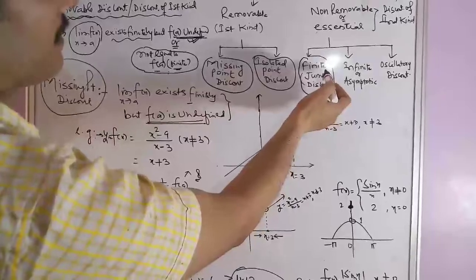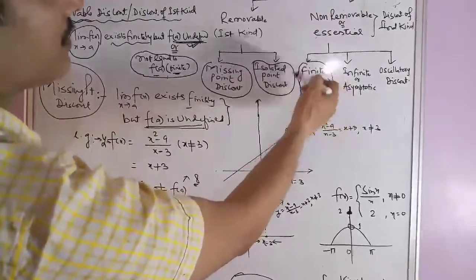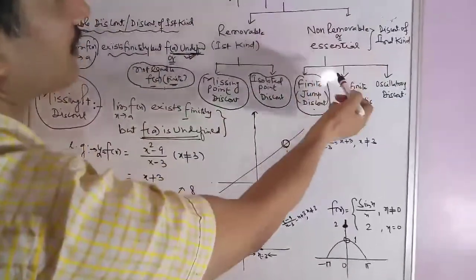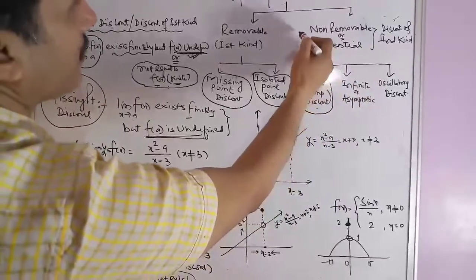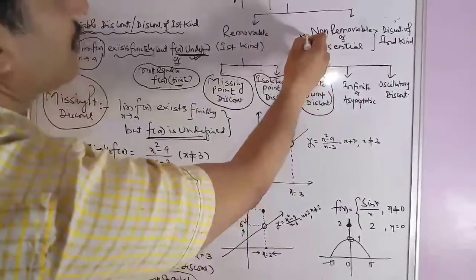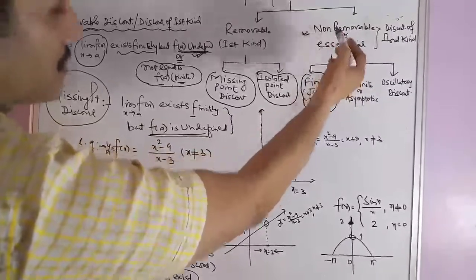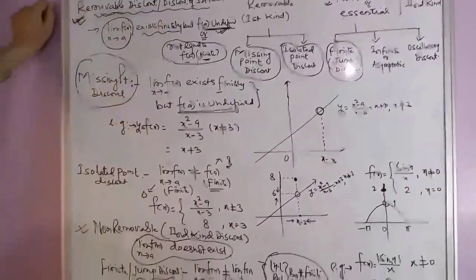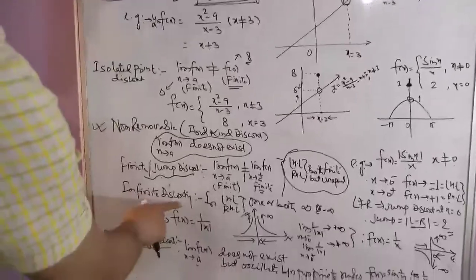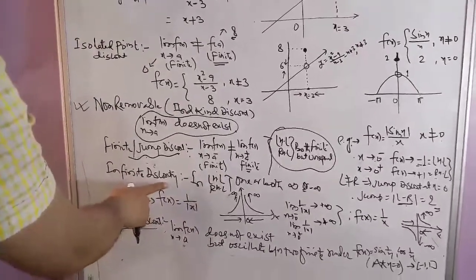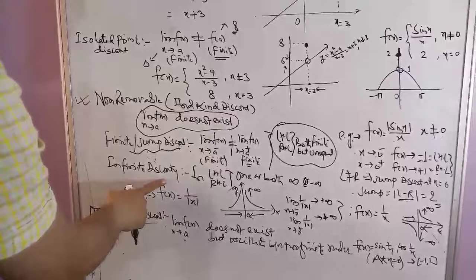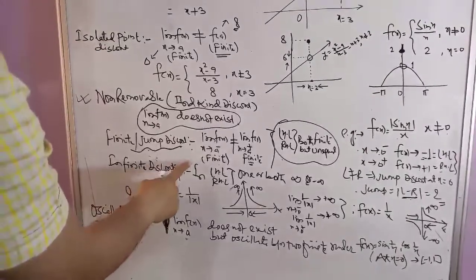Jump discontinuity comes under non-removable discontinuity, and in a non-removable discontinuity necessarily the limit does not exist.